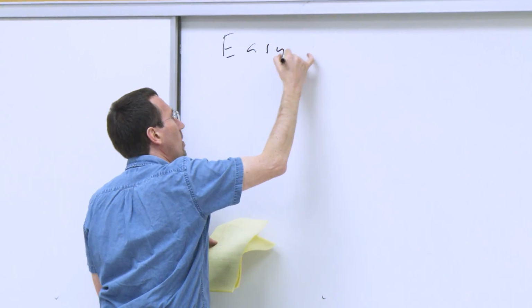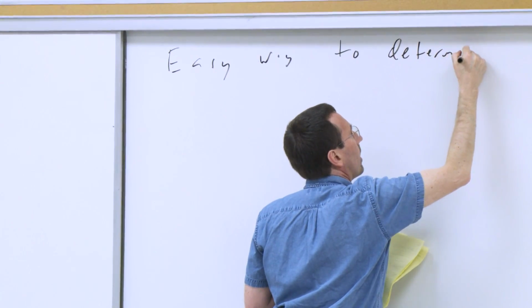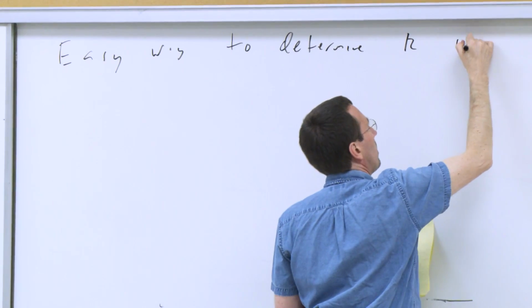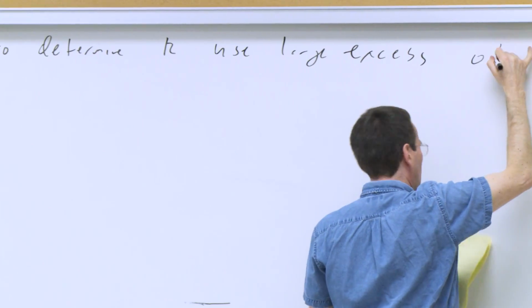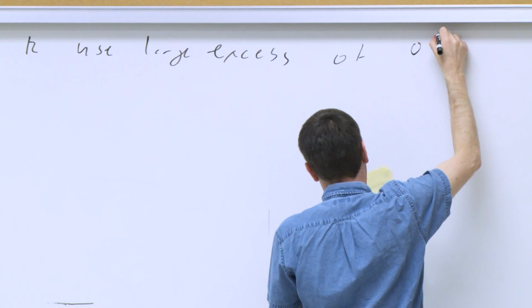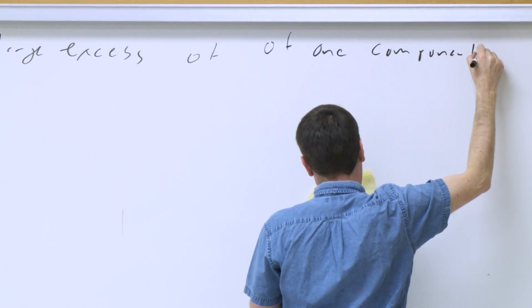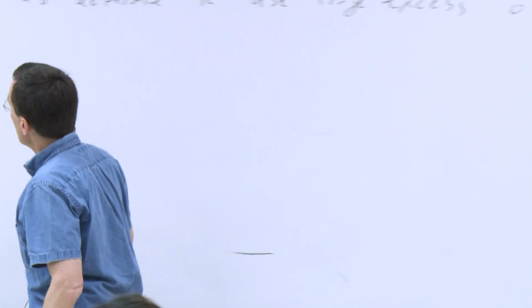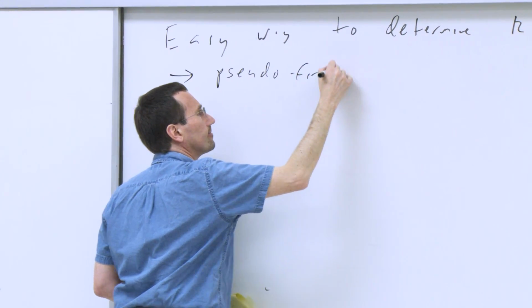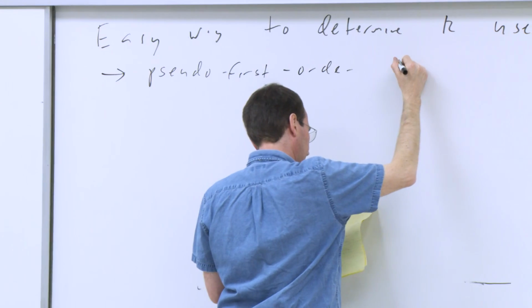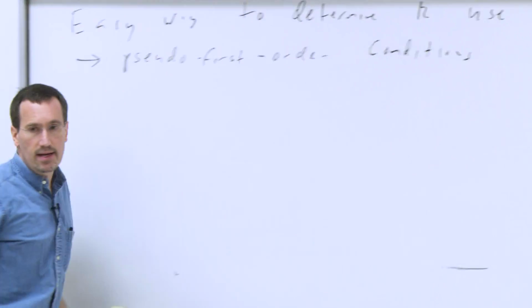So I'll say an easy way to determine k is to use a large excess of one component. That's going to lead to pseudo first order conditions. All right, what do I mean here?